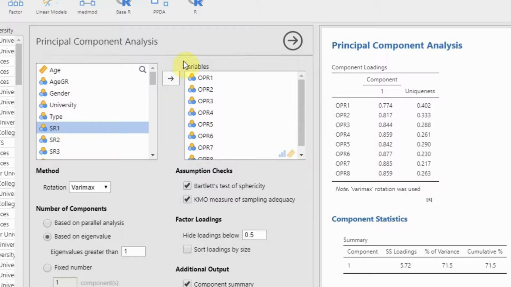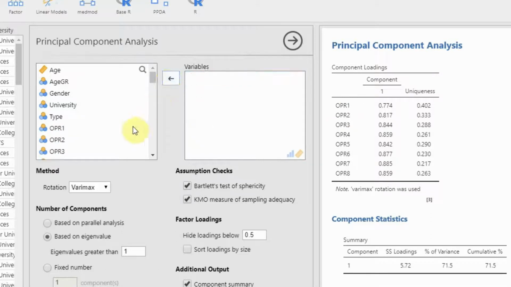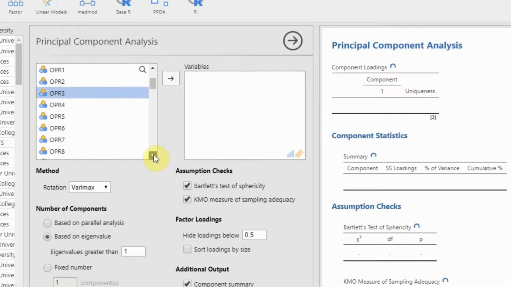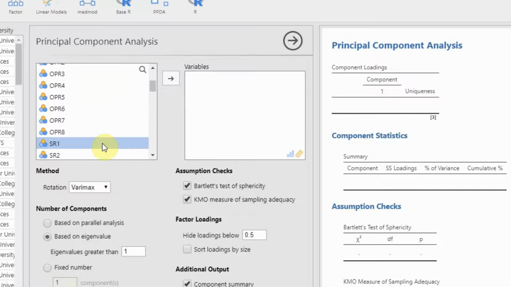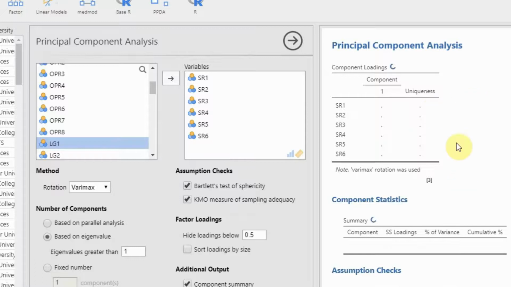So what I do is I add these items factor by factor. Now I've added items for operational responsibility. Now I see this factor is not problematic. No issue whatsoever. Let's test the other one. Let's go for stakeholder responsibility and see if this has any problem.